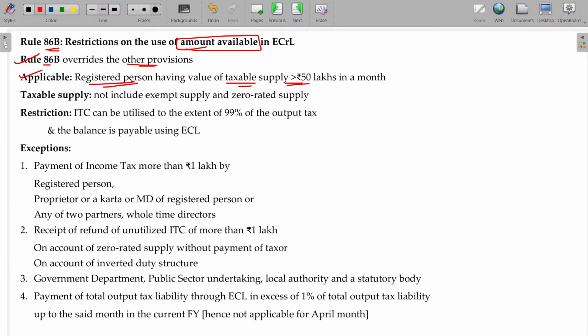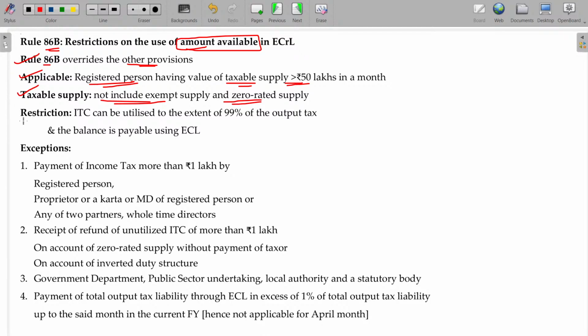Taxable supply does not include exempt supply and zero rated supply, as you know, but nil rated, okay. Exempted supply and zero rated will not count, including nil rated also.